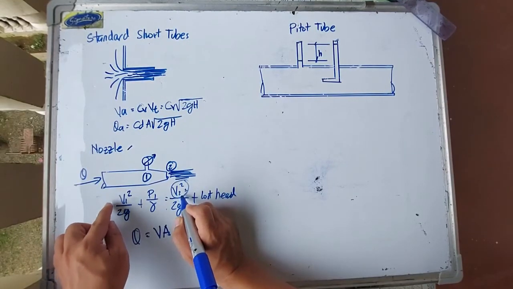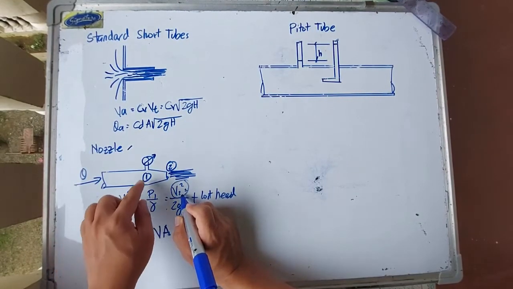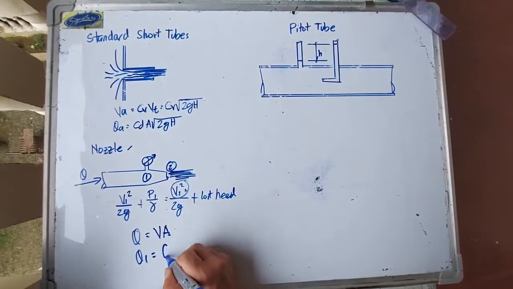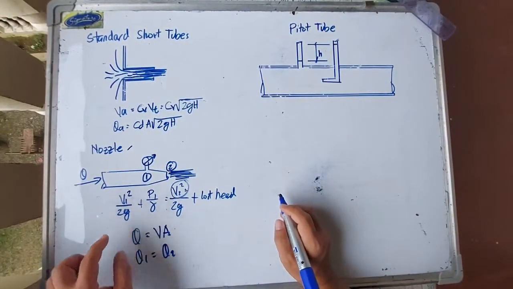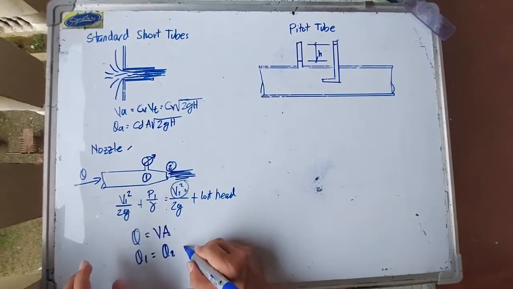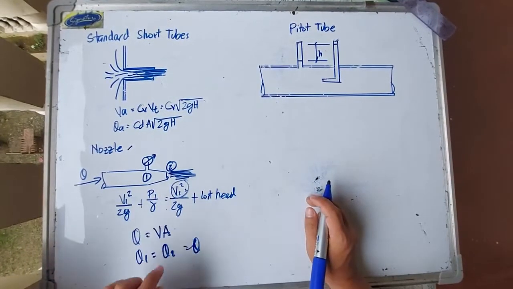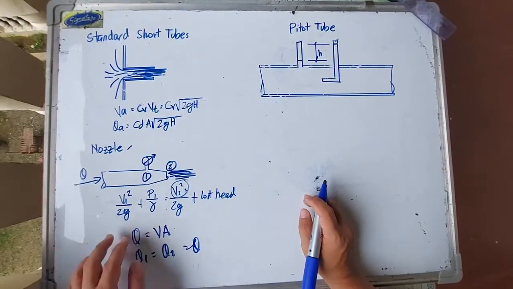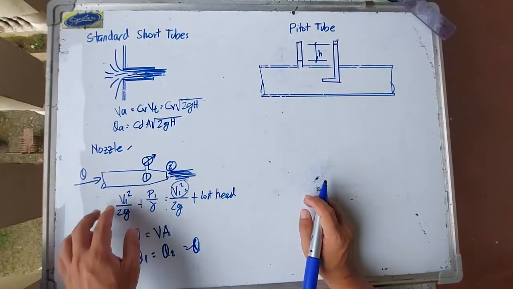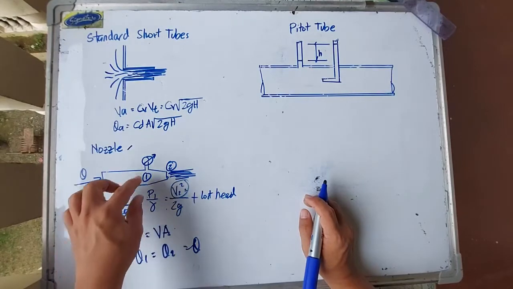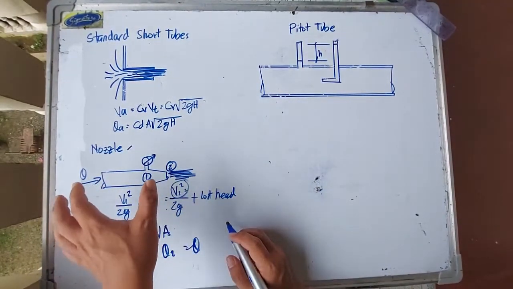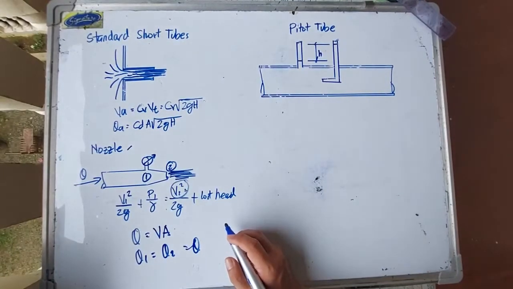We can solve for the discharge in terms of the velocities. So Q1 is equal to Q2. We express V1 and V2 in terms of Q. From the law of continuity of flow, Q1 is equal to Q2, which is equal to the discharge in the entire system.